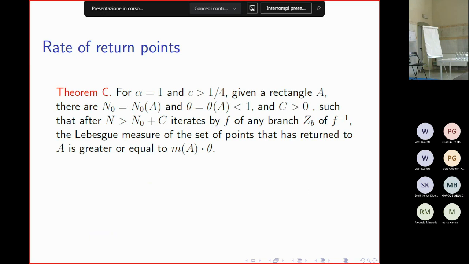But the constant here depends on the rectangle that you take. Indeed, right now, what I would like is to improve this result here. We are talking with Stefano and Roberto Marmi, whatever.